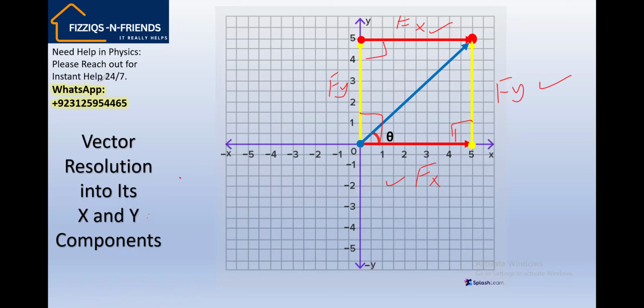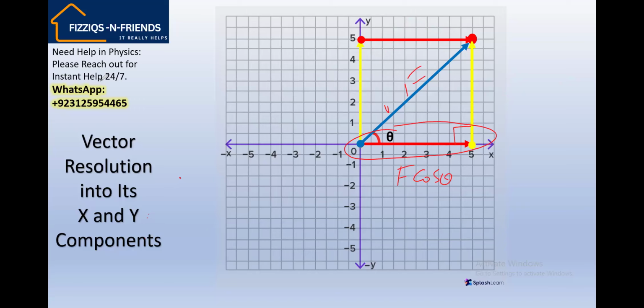Okay. So from here, in order to see what should be our x component and what should be our y component, you need to see where is our theta and where is our 90 degrees. For example, this side has theta and 90 degrees, so this will be your cos theta. If this is f, this will be f cos theta.